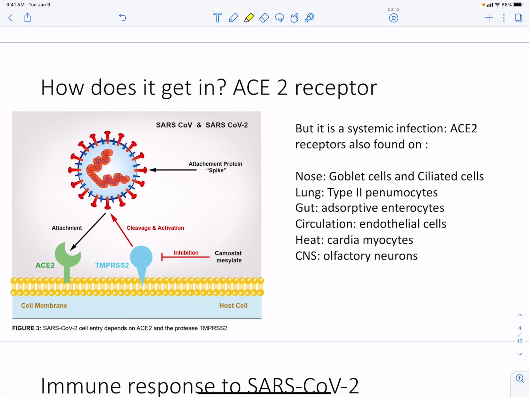You're hearing a lot about people getting infected or the virus being found in other tissues. So in the gut, the enterocytes are going to express ACE2 receptor. Your endothelial cells lining your blood vessels do. In your heart, your cardiac myocytes, and in the central nervous system, olfactory neurons can express ACE2 receptors.